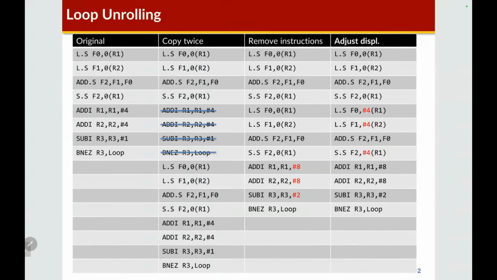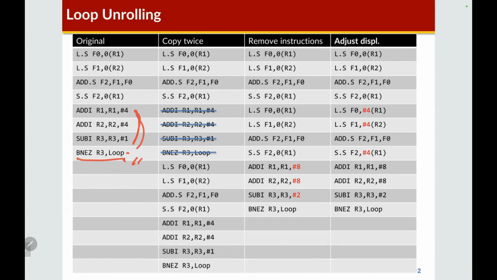This is the loop unrolling technique. This is the original code, and if the loop is unrolled, the two iterations are merged, so we can just copy the instructions twice. But we can find that some instructions are used to calculate the offset of the loop, and the last instruction is the branch instruction, which performs the jump in the loop.